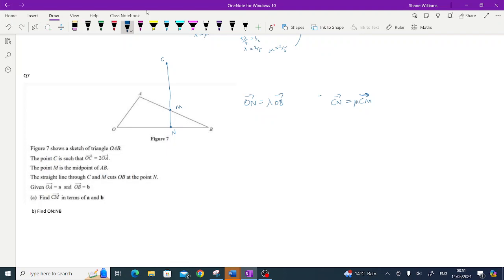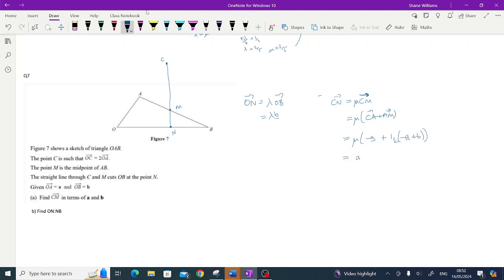But this is trying to work out where N is by saying it's an extension of C to M and it's a fraction of the way along O to B. O to B is going to be b, so this is lambda lots of b, that bit's a bit nicer, and then we've got to work out C to M. So to get from C to M, I'm going to go C to A plus A to M. C to A is minus a, plus A to M, well that's half of A to B, which is minus a plus b.